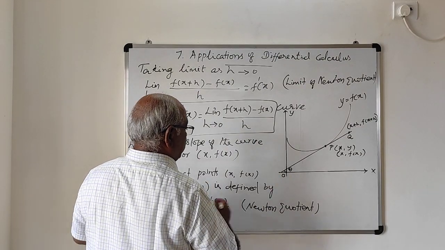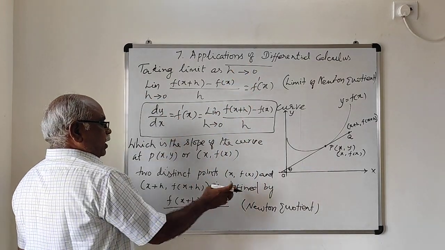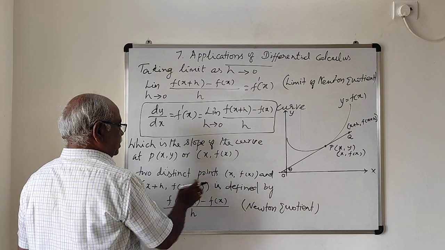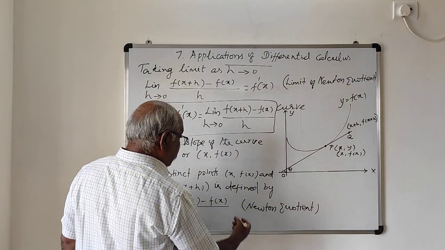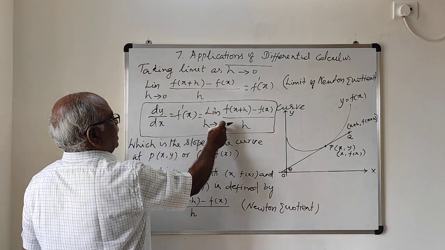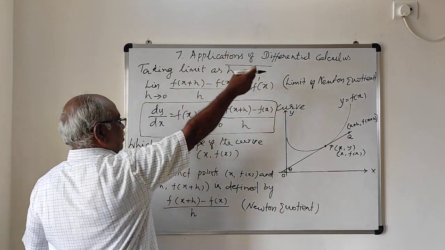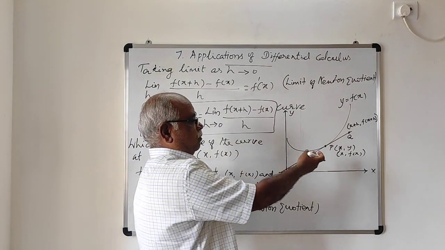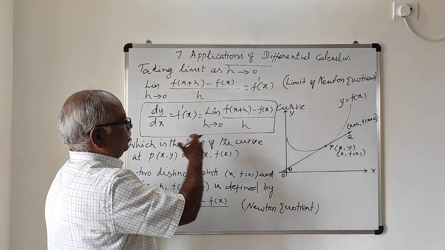Newton quotient is nothing but the slope of the line joining these two points. The limit of Newton quotient as h tends to 0 is the slope of the curve at the point P x comma f of x. That's all about the definition of the slope of the curve.